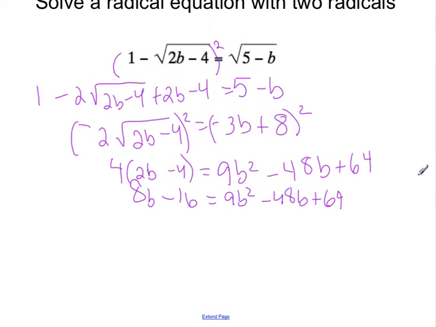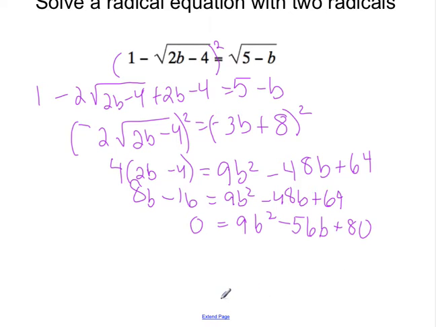Next, I'm going to subtract 8b from both sides and add 16 to both sides. So 0 equals 9b squared. Subtracting 8b from both sides gives me minus 56b. And adding 16 to both sides gives me plus 80. Doesn't that look fun to factor?